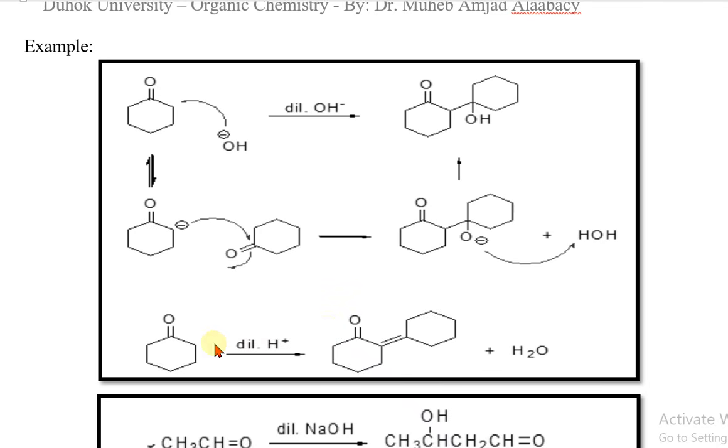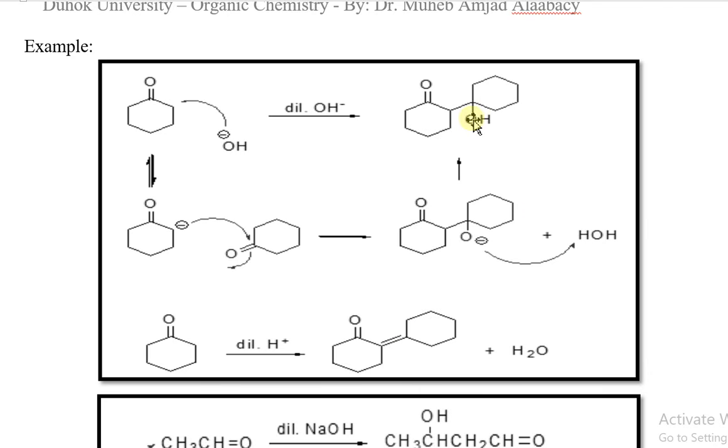So I think we have a mistake here. Some part here is not found, so you have to add it here. Add this part, like this, in this position. And this position, I don't know, it is not clear to me here. And also add hydrogen. Same thing here, add hydrogen. And this will lose water to give you this.